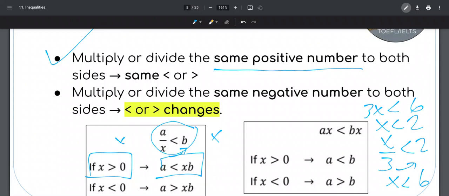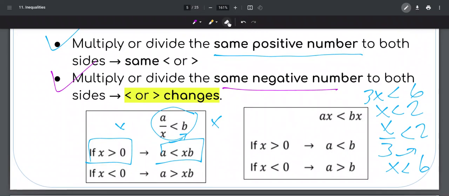I can multiply and I can divide as long as it's positive. What happens when it's negative, though? When it's negative, I can also multiply, pass to the other side, but the symbol is going to change. So when I have a over x is less than b, I can pass my x to the other side.